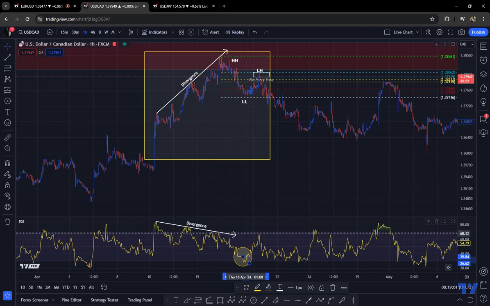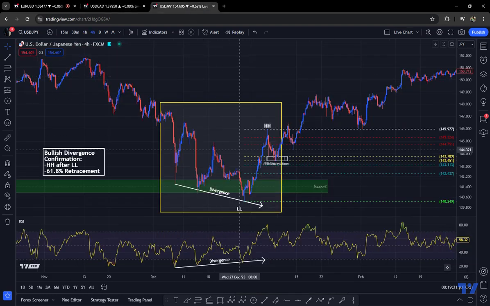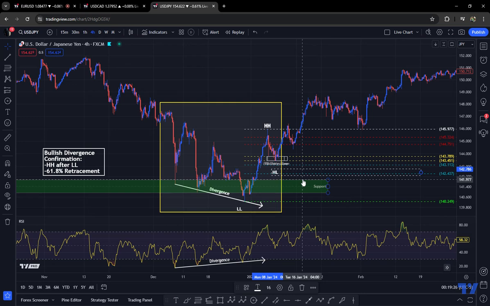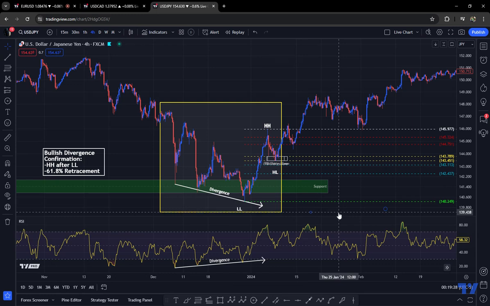We see price, along with the break of structure, working down below the 50 on the RSI, giving us added confirmation and confidence that price is working down, or rather wants to. Our higher low. So that is how I choose to spot the divergence. These are the confirmations that I look for.